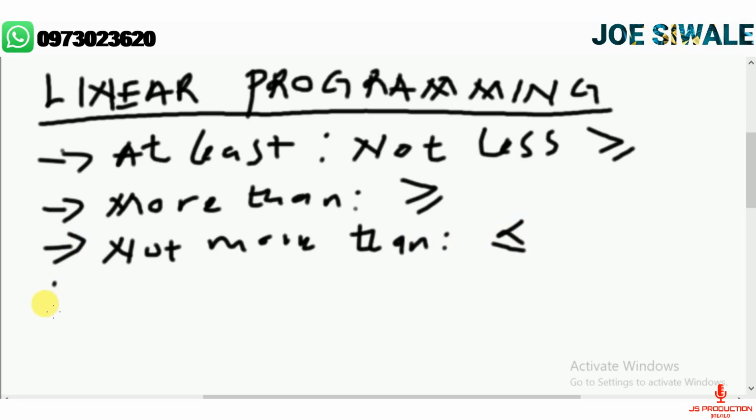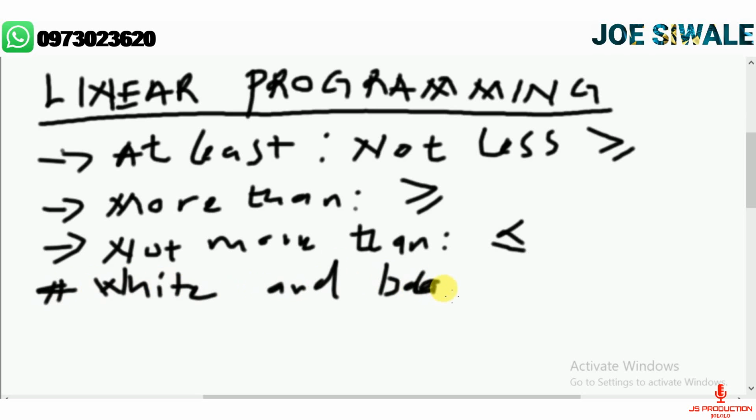So I'll give a particular situation here. If you're a company that produces two types of boards, you produce white boards and black boards. So you produce two types of boards, white boards and black boards.